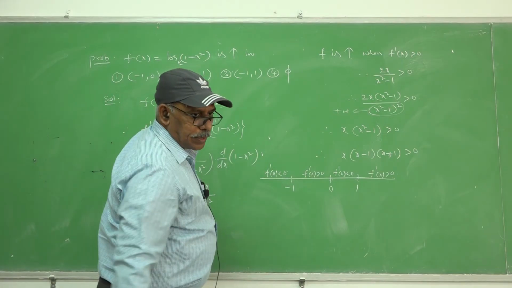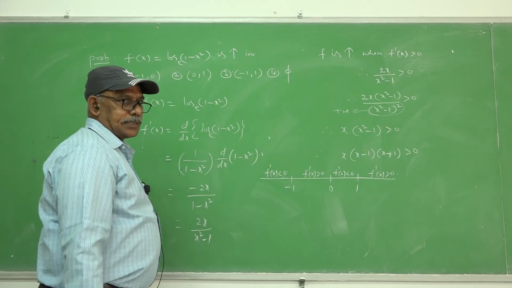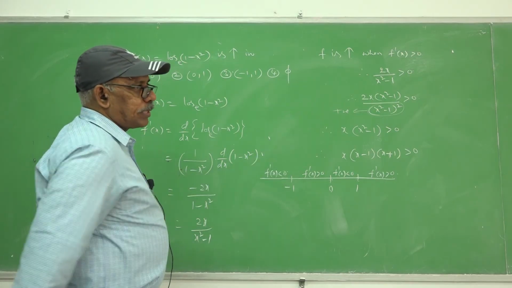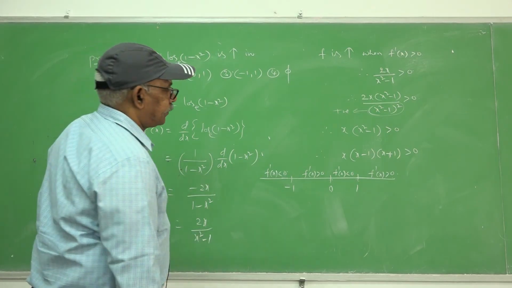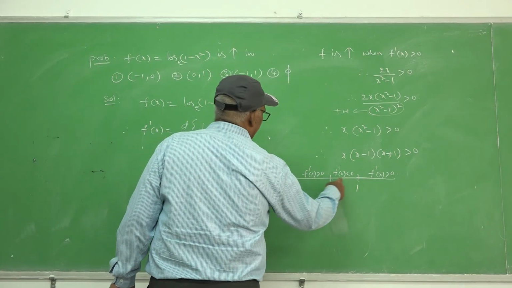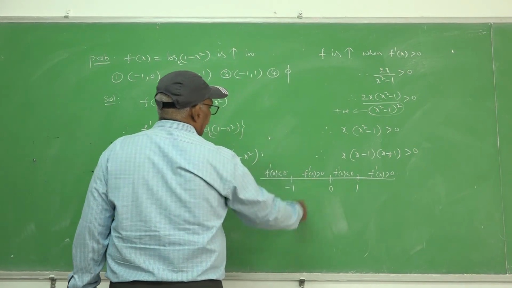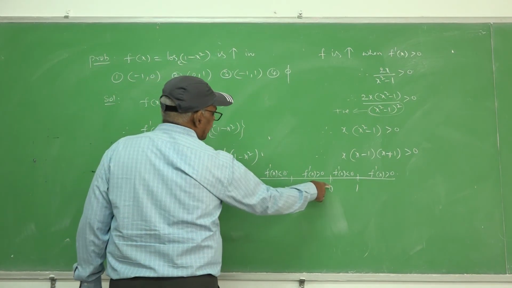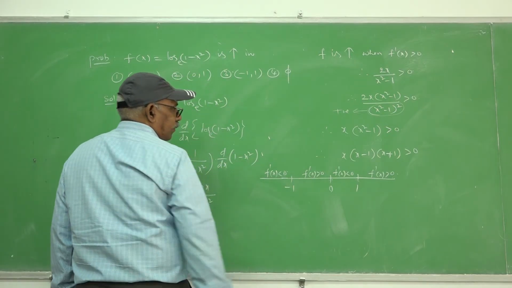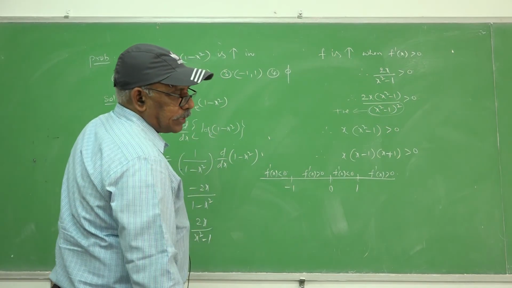So in different intervals, f dash x takes different signs. Whenever x more than 1, f dash x is positive. Whenever x lies between 0 and 1, f dash x is negative. Whenever x lies between minus 1 and 0, f dash x is positive. For x less than minus 1, f dash x is negative.